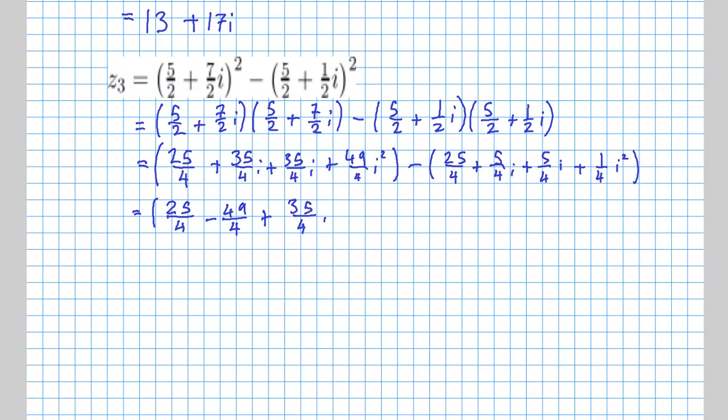I want to keep my real numbers together and my imaginary numbers together. I'm going to do the same with the second bracket. So we got 25 over 4. This 1 over 4 times i squared is of course going to become minus 1 over 4, because of that i squared becoming minus 1. And again, I'm going to group together my imaginary parts.